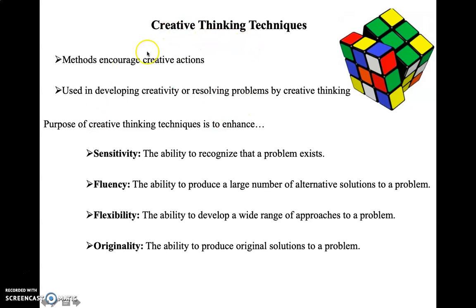Creative thinking techniques are the methods to encourage your creative actions, and their purposes are: sensitivity, the ability to recognize that a problem exists; fluency, the ability to produce a large number of alternative solutions, means you should be fluent in developing different kinds of solutions to our concept; flexibility, the ability to develop a wide range of approaches to a problem, so that you get the solution with the help of a wider problem statement; and originality, that whatever problem or solution you get should be novel.